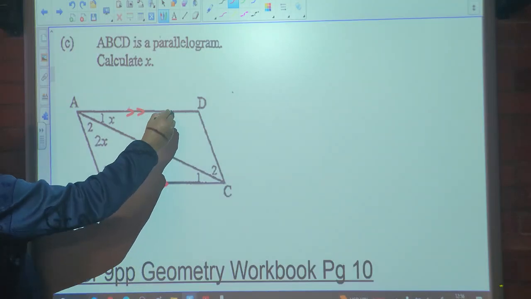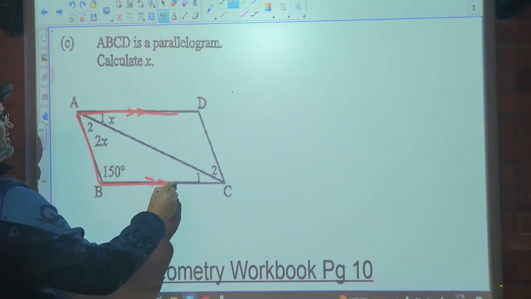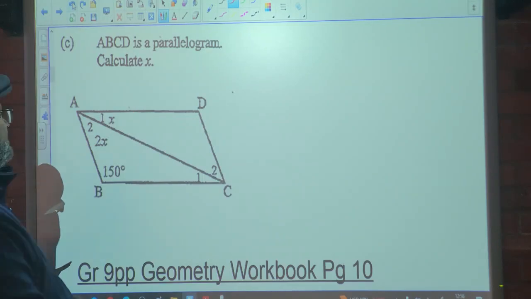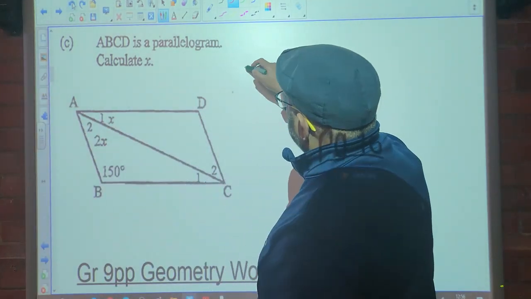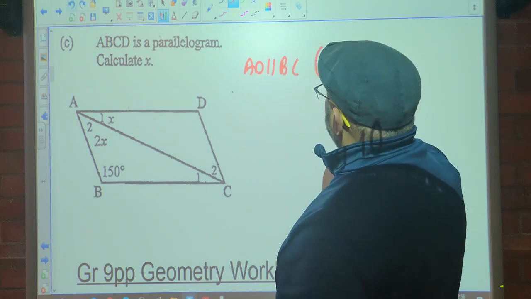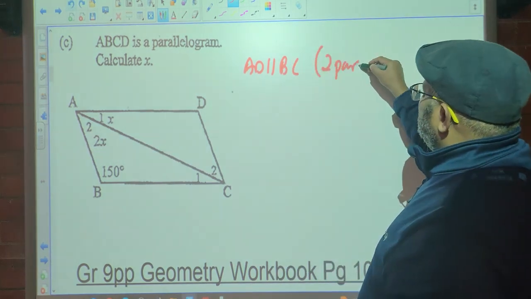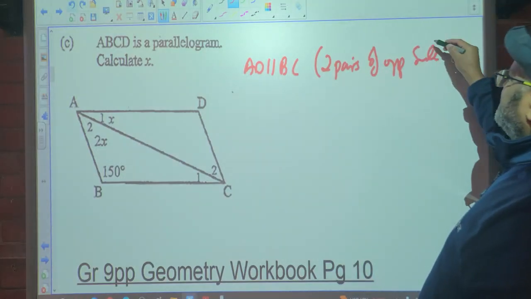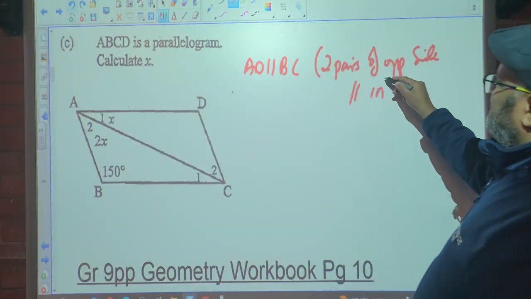If these lines are parallel, what can we do? We go with the angles. You see that, people? You must first state it. You can't just go with it. So you first say that AD is parallel to BC. Why? Two pairs of opposite sides parallel in a parallelogram.